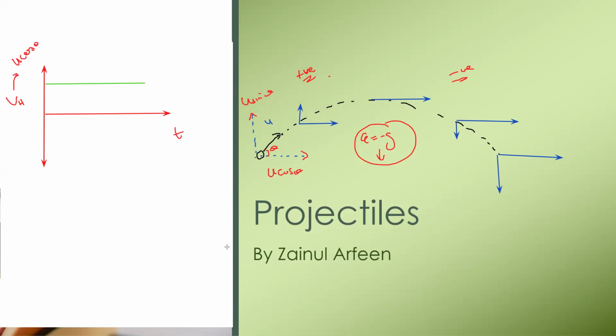But what about the vertical component? The vertical velocity, say Vv, is equal to u sine theta in the beginning.